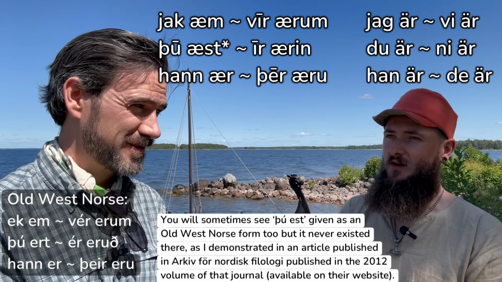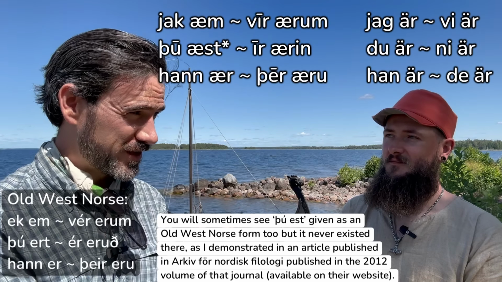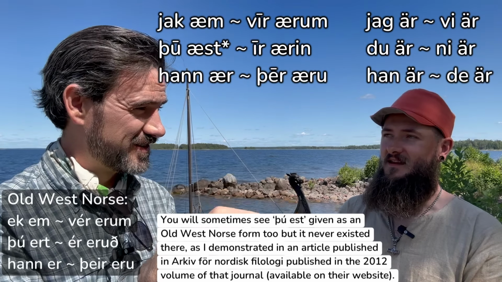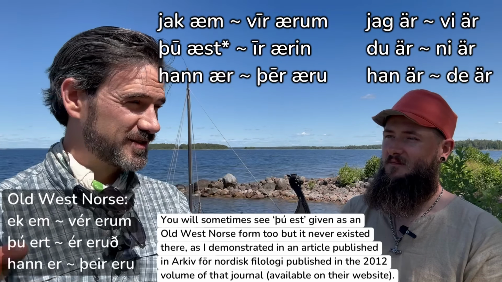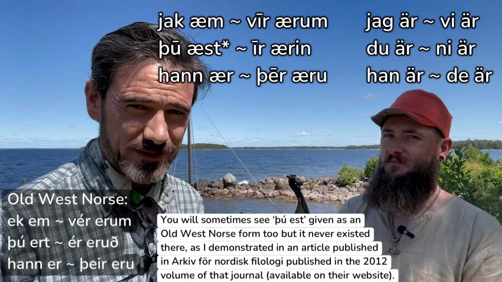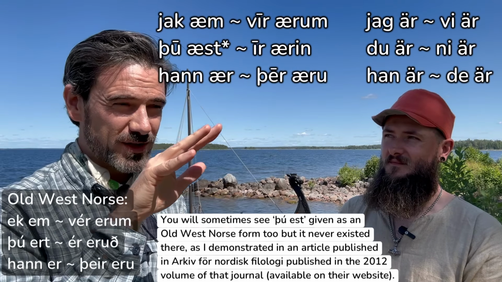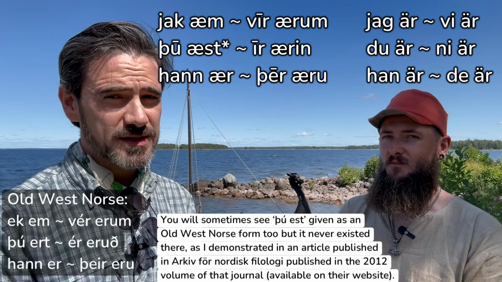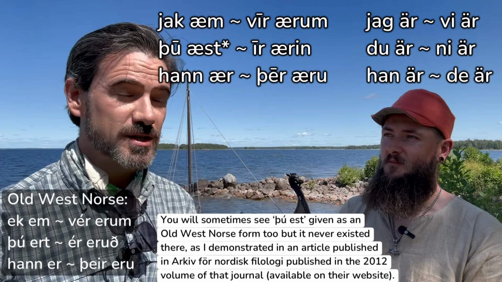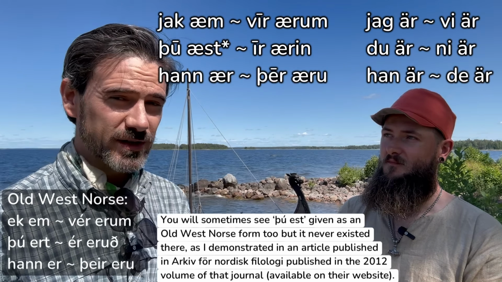You are, Du är. He is, Han är. We are, Vi är. You, many, are, Ni är. And they are, De är. So it's the same verb form in all of those, right? So that complex system of endings, maintained in Icelandic for the most part, but completely lost in Norwegian, Swedish, Danish, making the system very similar to English.